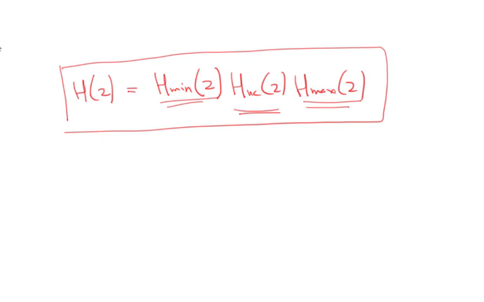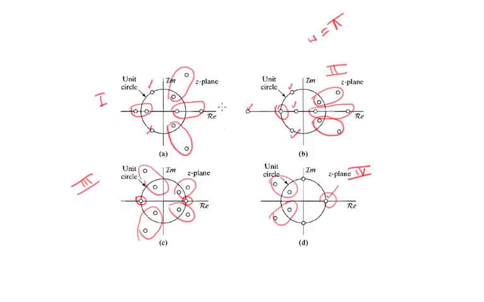As you can see from here, these zeros which are outside the unit circle, they make maximum phase systems. These zeros which are inside the unit circle, they make minimum phase systems, whereas these two zeros which are on the unit circle, they are representing HUC of z.